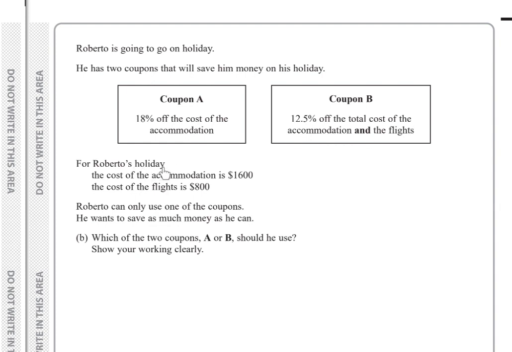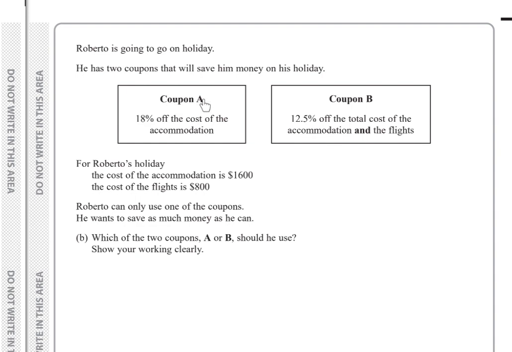For Roberto's holiday, the cost of the accommodation is $1,600. The cost of the flights is $800. Roberto can only use one of the coupons. He wants to save as much money as he can. B. Which of the 2 coupons, A or B, should be used?